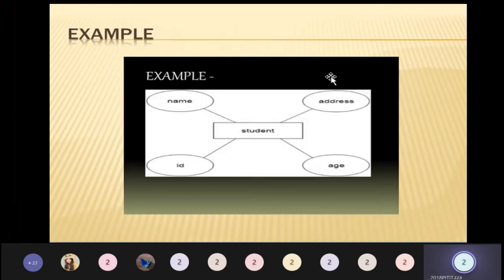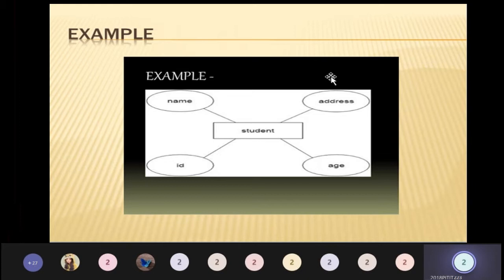This is an example of an ER diagram. In this ER diagram, we are taking a student application, because you are students. So we are taking the student table. The student is the entity, that is the table name.